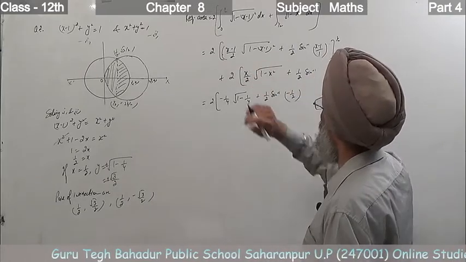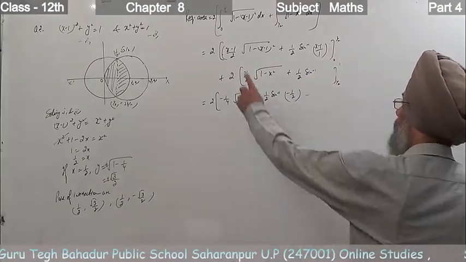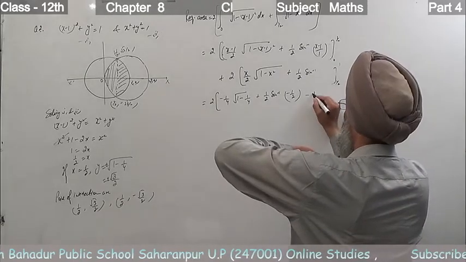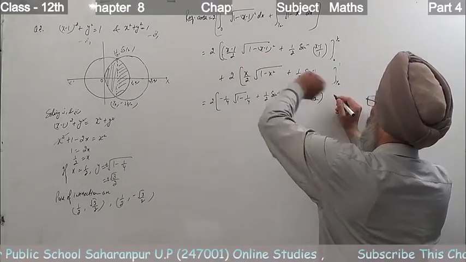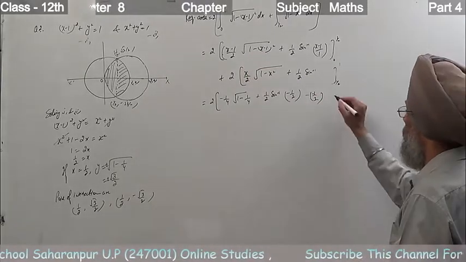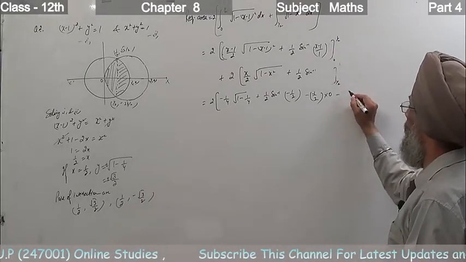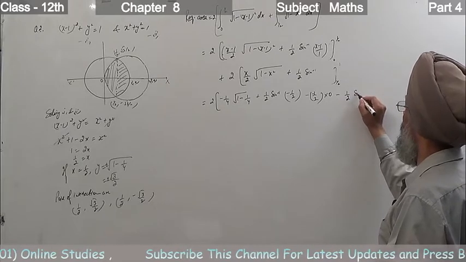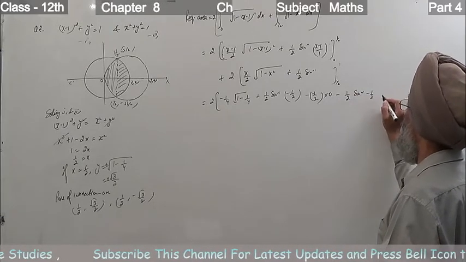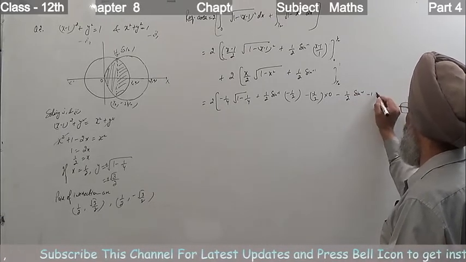If you place the value 0 here, then what comes here? Minus half, 1 minus 0, it becomes 1 square, it becomes 0. Then minus half sine inverse of minus 1.